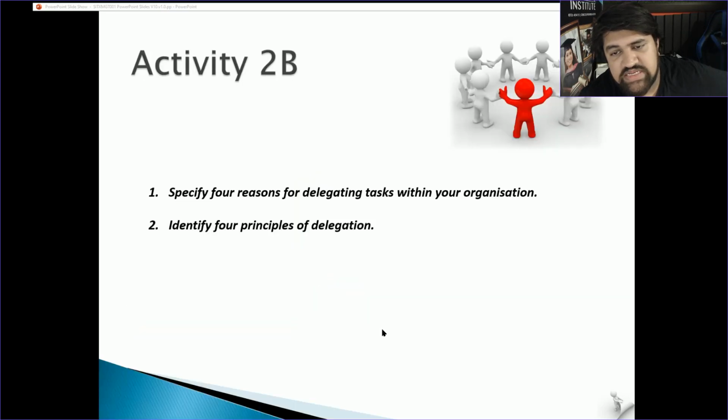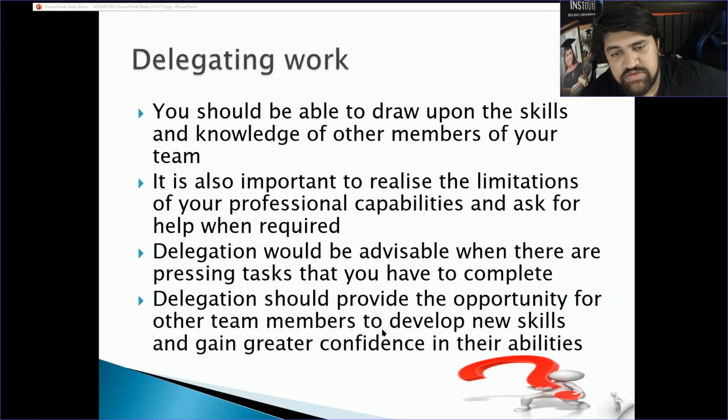So if we're looking at delegating work, we're looking at how to include everybody in the workplace, using everybody's knowledge and skill within that task, understanding what the limitations are of everybody, and then finding out who is best suited, delegating to the correct person, and making sure that whatever task is most important is getting done first, and then allowing the people that I've delegated the task to gain confidence in their abilities.